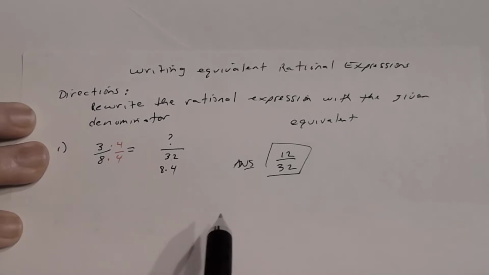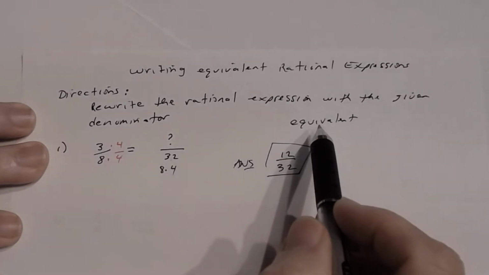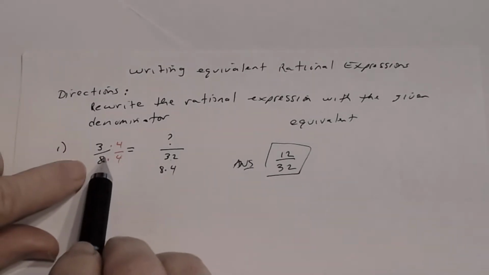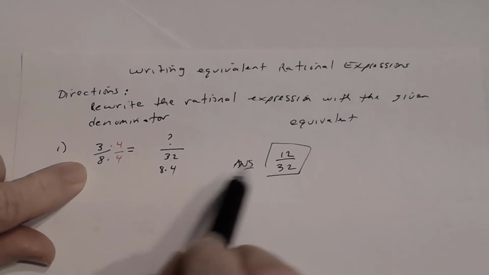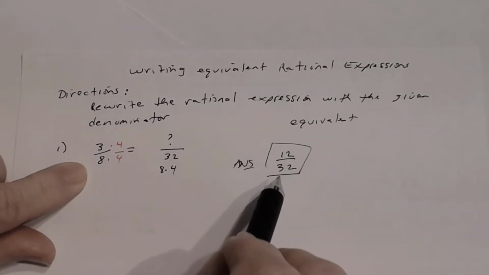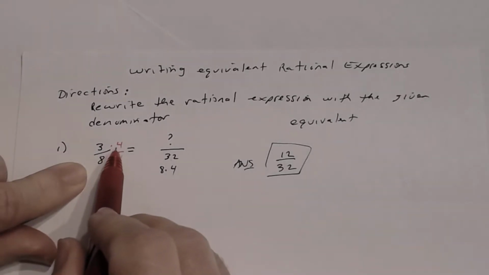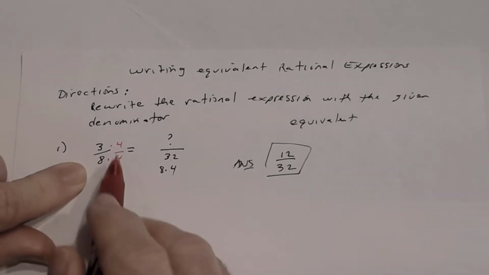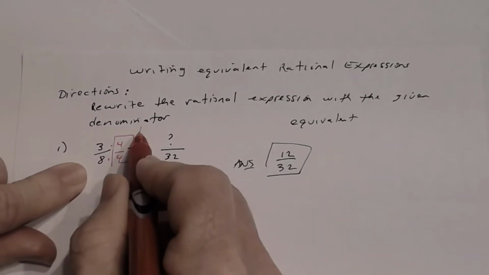Now, here's the other thing I want you to remember. Remember talking about the word equivalent. So notice that this fraction is equivalent to this fraction, 12 divided by 32. And remember, see how I'm multiplying both numerator and the denominator by 4? I want you to notice that this fraction is 1.